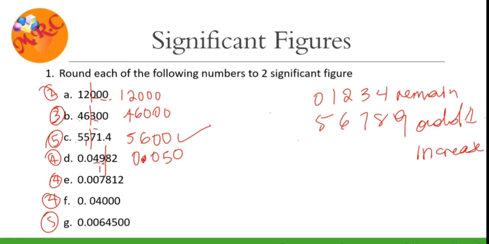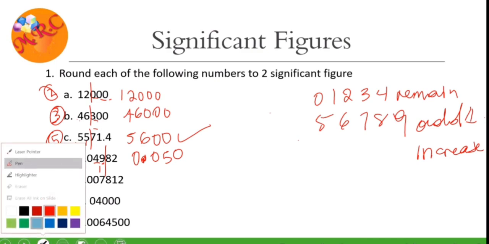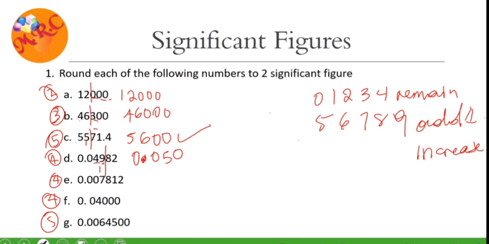So I'm going to go ahead and write in the solution for E, F and G. So that's 0.0078, and F is 0.040, and G is 0.0065.